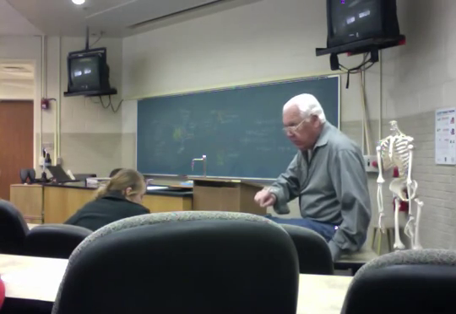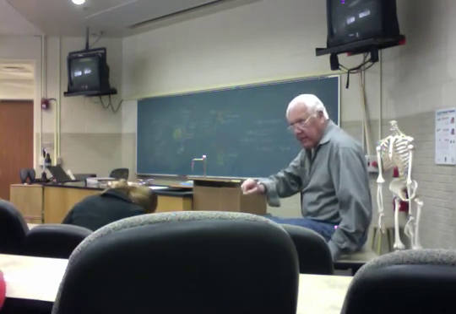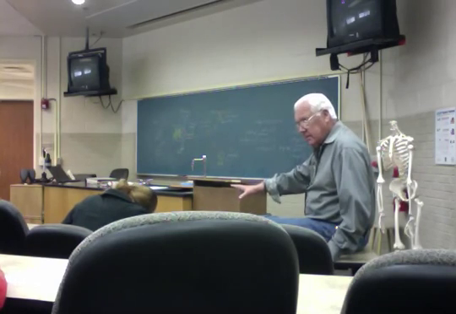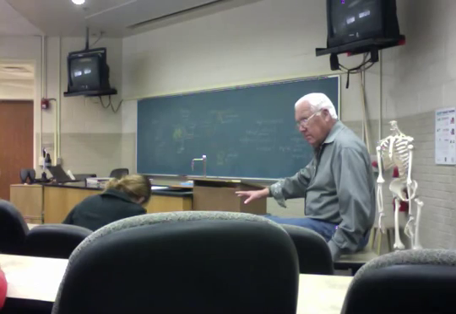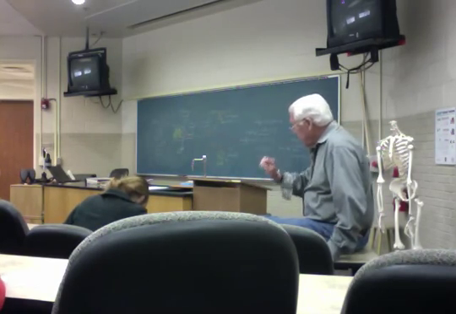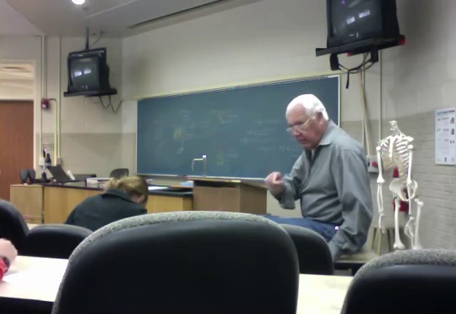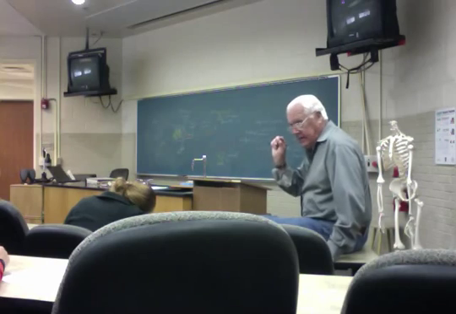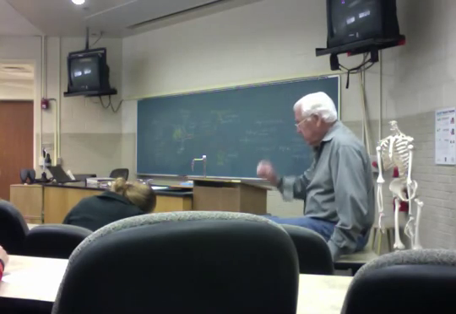pain and temperature for various areas of the body. Look how big the hand is. What does that tell you? That there's a lot of area of the cerebral cortex devoted to the interpretation of pain and temperature in the hand.